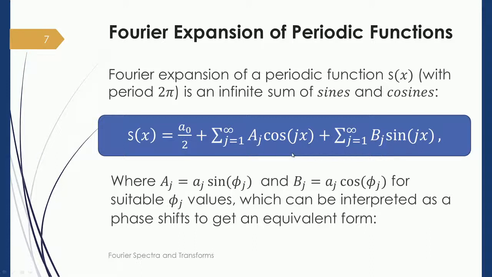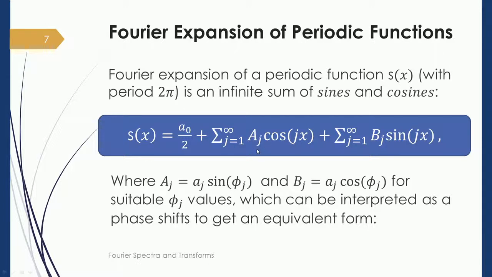Now, each of these, as we increase the j value starting from 1 on to infinity, the frequency of the appropriate cosine and sine terms increases.